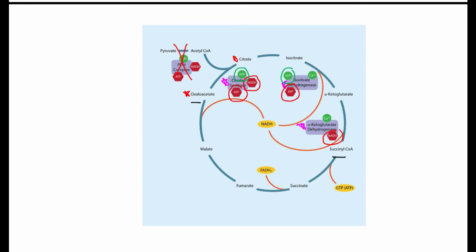NADH will then go on to be used by the electron transport chain to make ATP. So if NADH levels are high and ATP levels are high, which would be represented here and here and here and here in the cell, then it makes sense that the flux through the citric acid cycle should be slowed down so that you're not overproducing NADH, you're not overproducing ATP, and to maintain that steady state level.